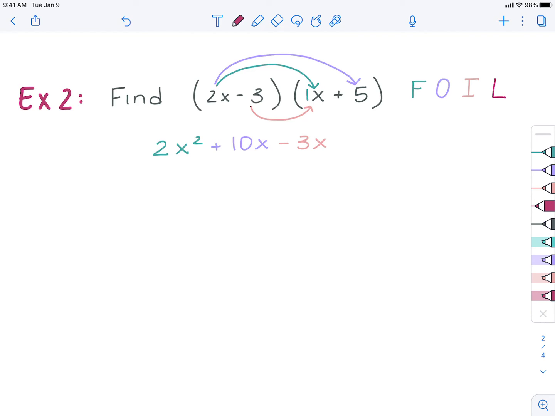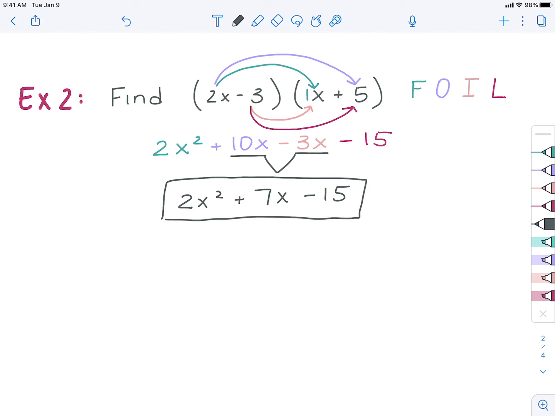And my last terms, negative 3 times 5 gives me negative 15. So now I've completed my FOIL. I just need to simplify. Again, I see that I have like terms 10x and negative 3x. When I combine those, I get 7x, and it's positive. Bring down my negative 15, bring down my 2x squared. I don't have any more like terms, so I FOILed and I simplified. I'm all done.